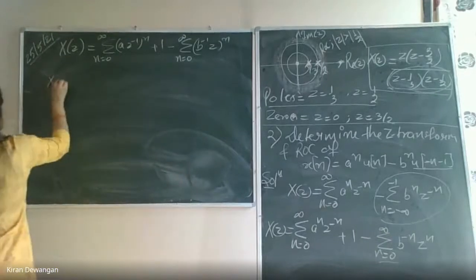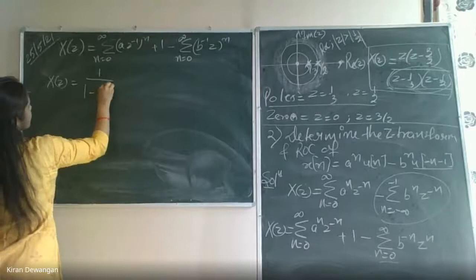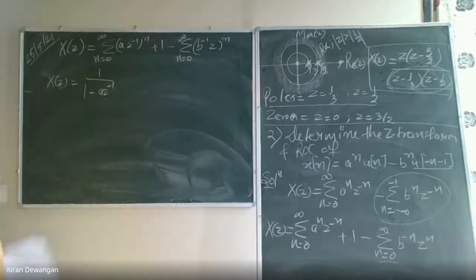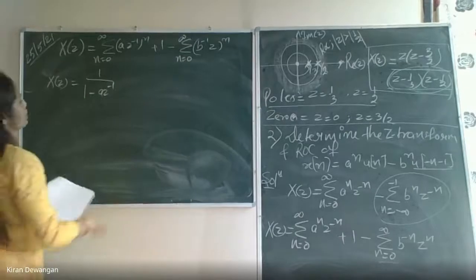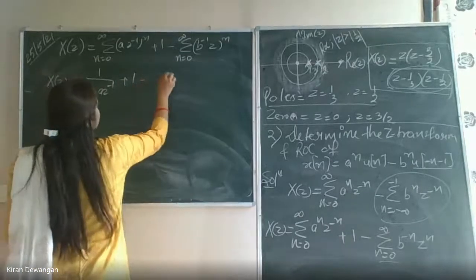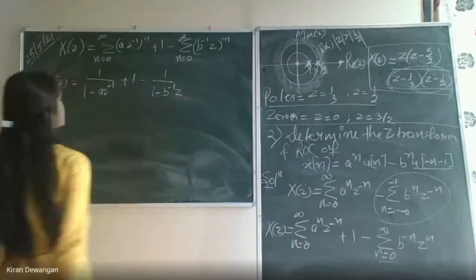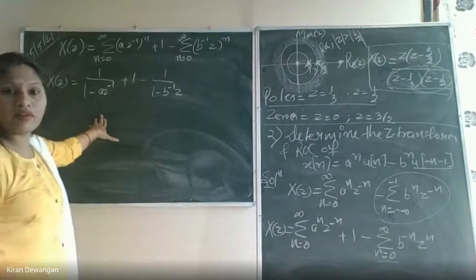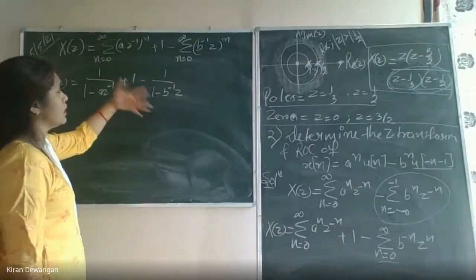Now this can be written as 1 by 1 minus a z to the power minus 1, as we know that this is the answer of this particular summation, plus 1. Now this can be again written as minus 1 by 1 minus b to the power minus 1 z. Now this is going to be our final x of z. ठीक है, हमारा x of z है, इसको हम further solve कर सकते हैं, that is up to us.